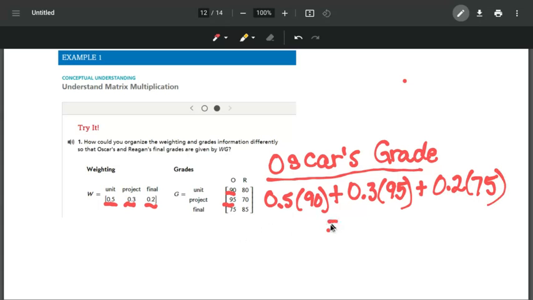So when I do all that, we get 0.5 times 90 plus 0.3 times 95 plus 0.2 times 75. That's an 88.5.